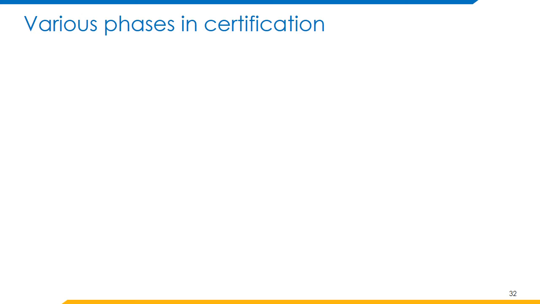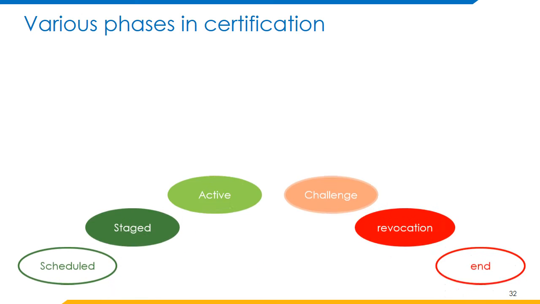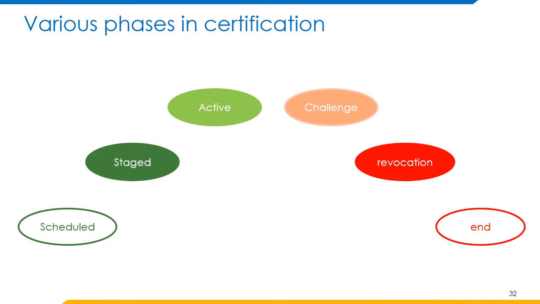Various phases in certification. Certifications have various phases associated with them. They are different time periods to do various kinds of activities as part of certification. The various stages as listed are scheduled, staged, active, challenge, revocation, and end phases.